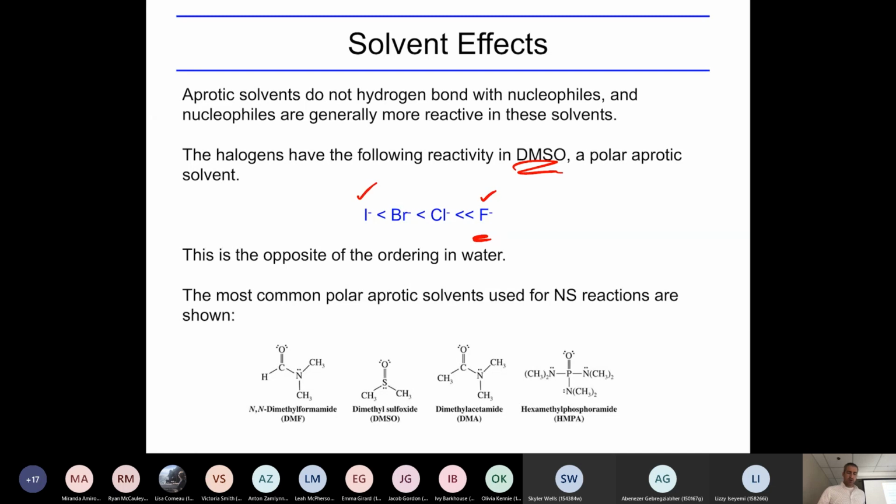And then iodide is the worst in DMSO because it's biggest, basically. So the ordering of how good the nucleophile is flips when you go from a polar protic to a polar aprotic. Polar aprotic, in general, is best for SN2.